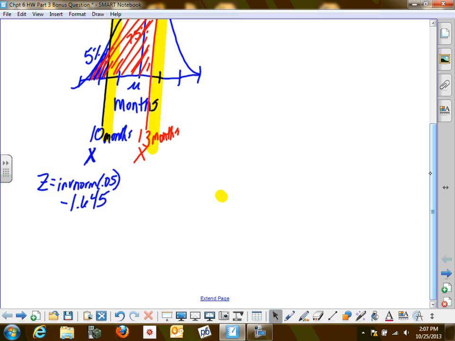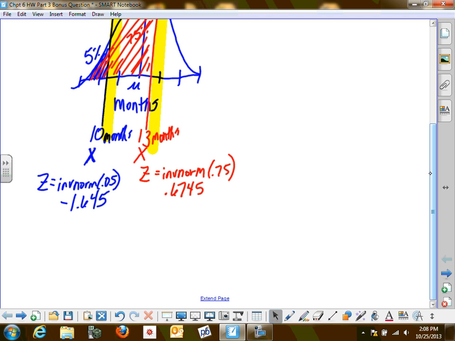And so let's do the z-score for this spot right here. The z-score for 13 months is above 75%. Now, do you remember, that's Q3, so you should remember that from a few days ago. Do you remember that? 0.6745, okay? 0.6745 is our z-score there.